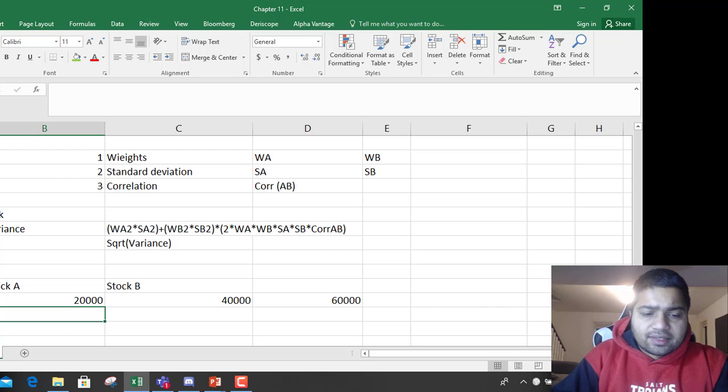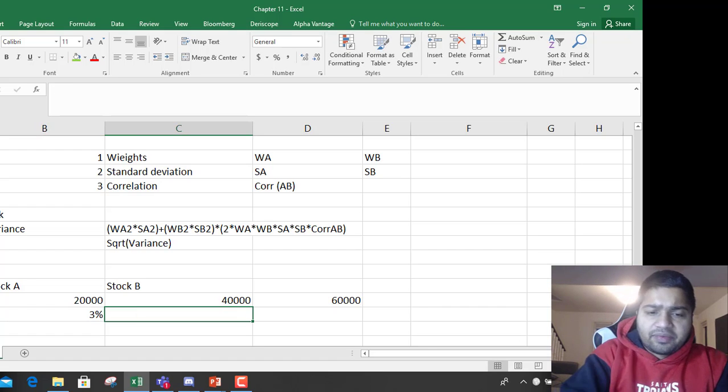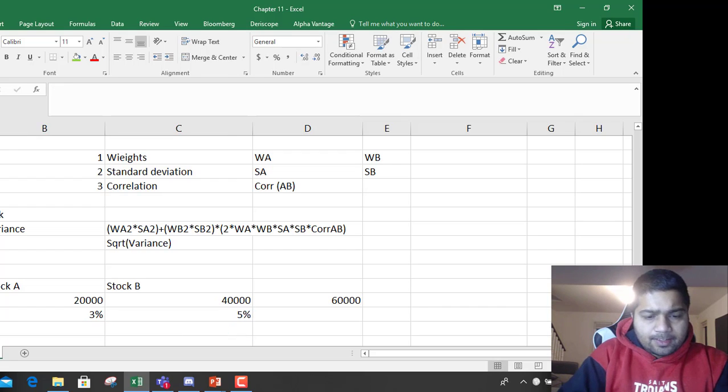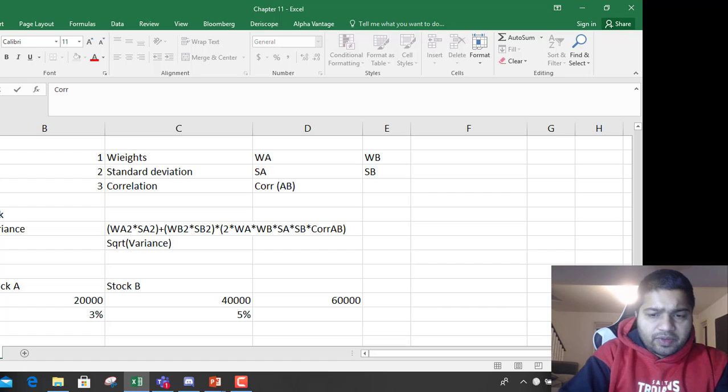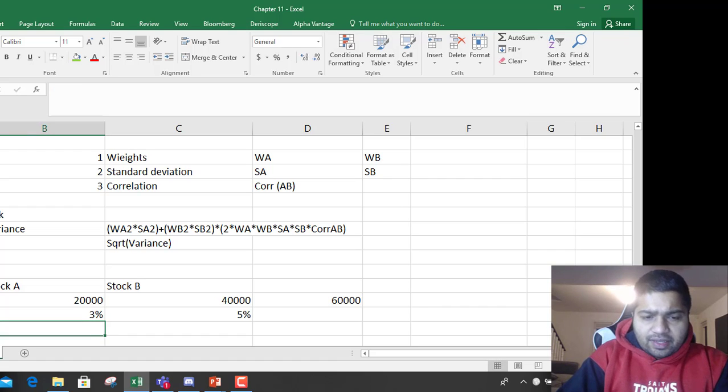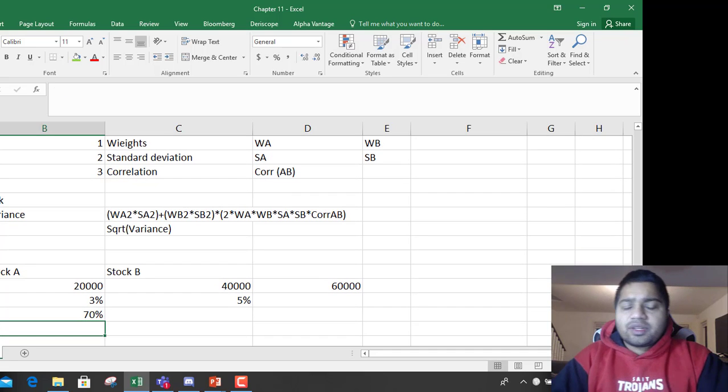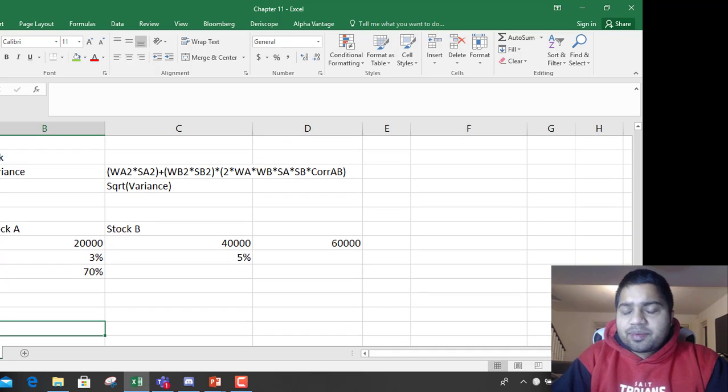Stock A has a standard deviation of, let's say, 3%. Stock B has a standard deviation of 5%. And the correlation between stock A and B is 70%.